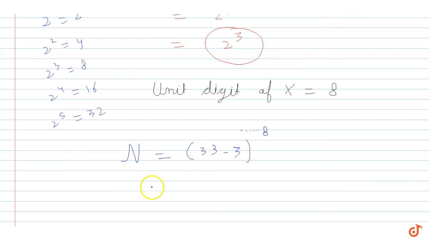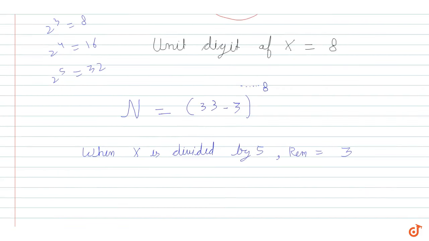So when X is divided by 5, the remainder is equal to 3, because the last digit of that number is 8, and when we divide 8 by 5, the remainder is 3.